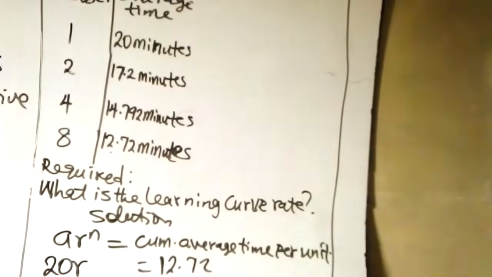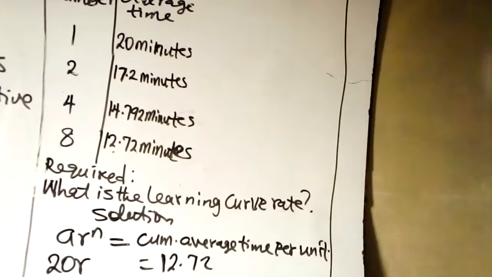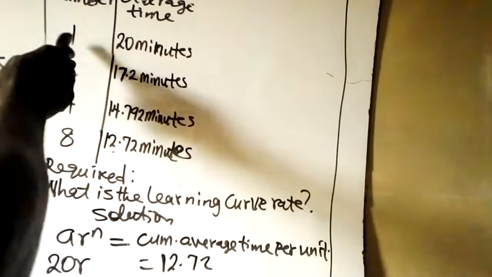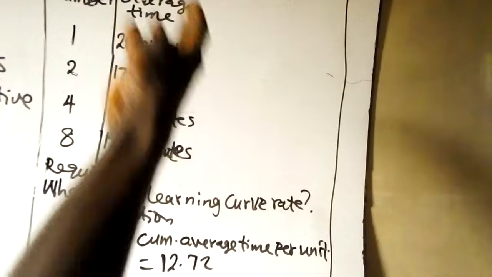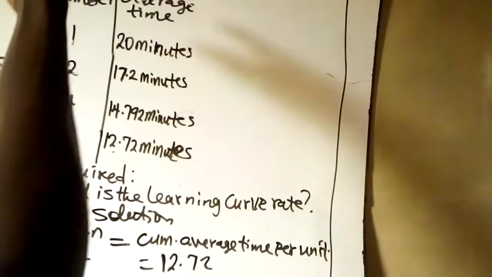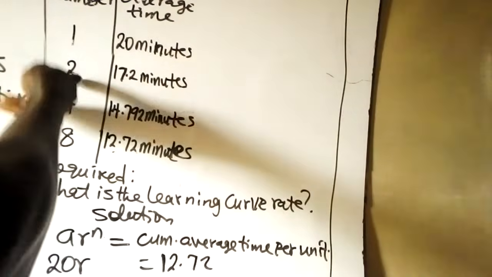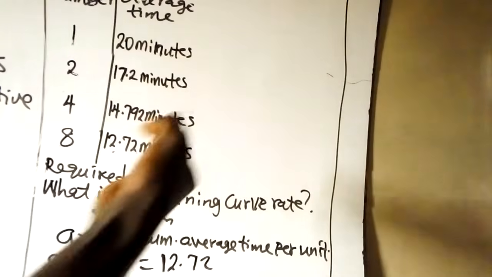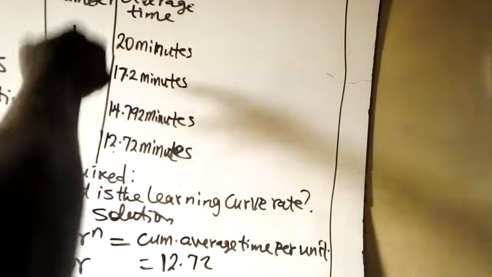If the first output is 1 and you double 1, that is, multiply 1 by 2, that will give you 2. That is the first time it was doubled. If you double 2, you have 4. That is the second time. If you double 4, you have 8.